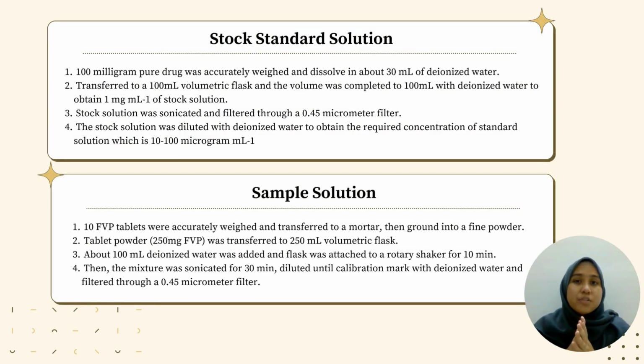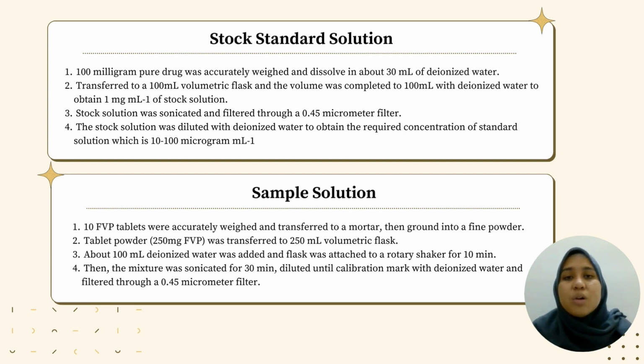Okay, next we move on to methodology. The first step is preparation of stock standard solution. First, 100 mg of pure drug was accurately weighed and dissolved in about 30 ml of deionized water, and then transferred to a 100 ml volumetric flask and deionized water was added until the calibration mark to obtain 1 mg per ml of stock solution.